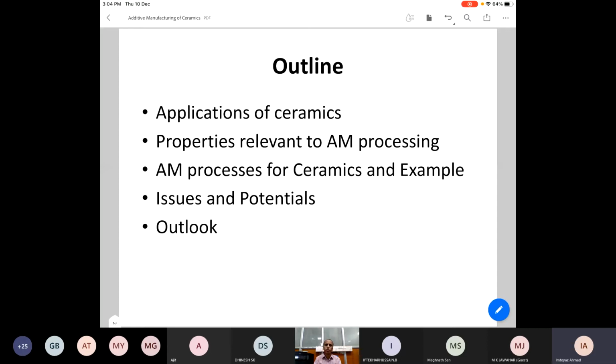So I will try to highlight some of the applications of ceramics and some properties of ceramics which are detrimental as far as the manufacturing or additive manufacturing of ceramics is concerned. Then I will talk about some of the AM processes which have a lot of potential as far as ceramics are concerned, and their examples. And then I will talk about issues and potentials, and then I will give you an outlook or a summary kind of a thing.